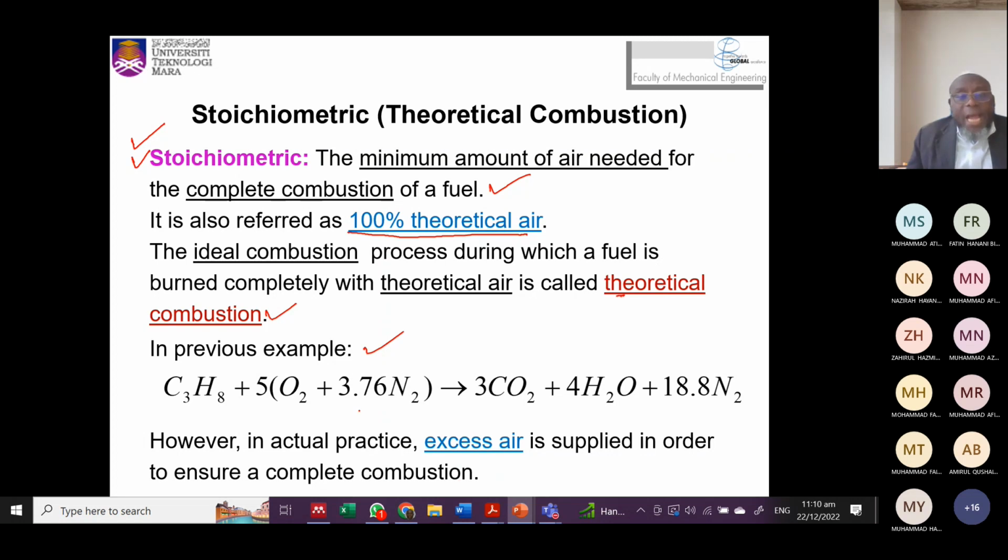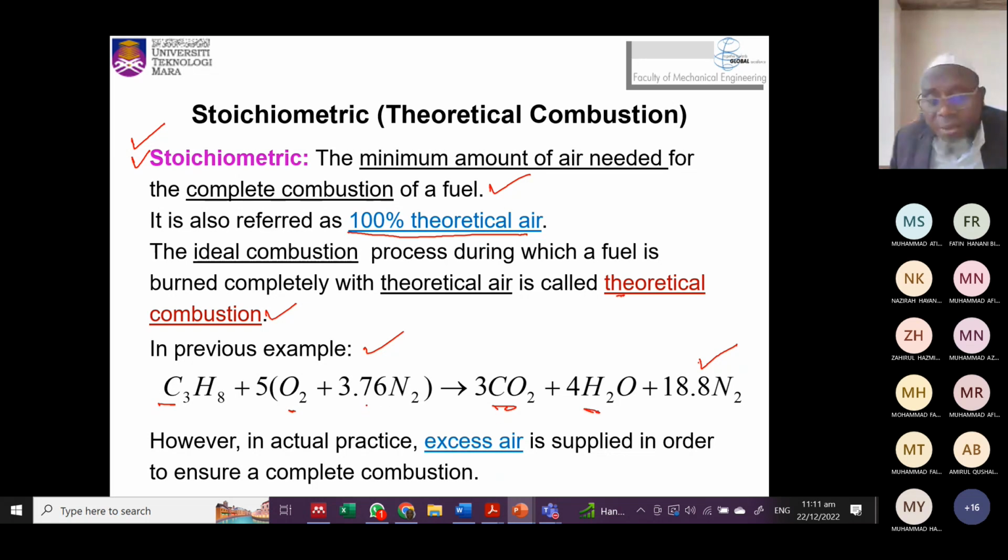So this is an example of complete combustion of a fuel, because what are the necessary conditions for complete combustion? All the carbon should be converted into carbon dioxide. All the hydrogen should be converted into water.